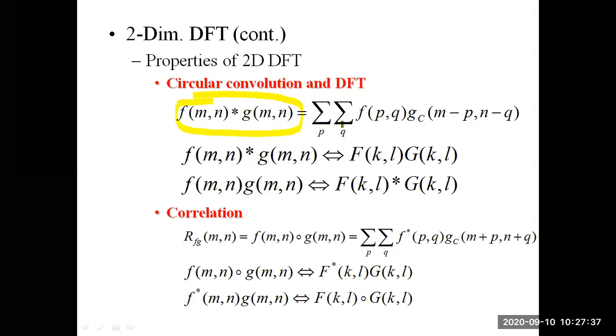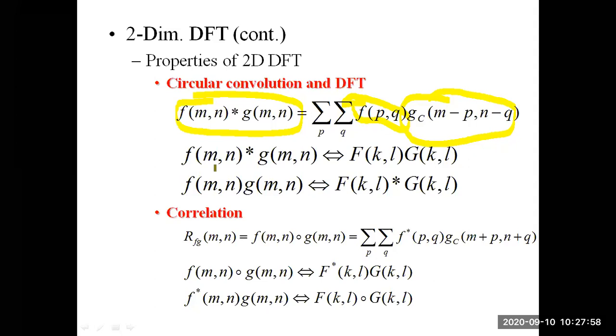So the circular convolution is given by like this, f of p comma q and gc of m minus p comma n minus q. Here p comma q and m comma n are integers, as you all know.